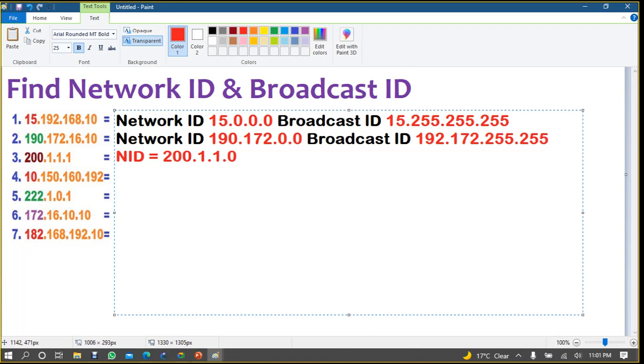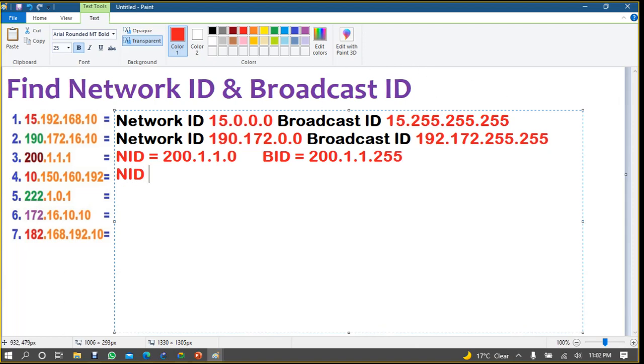And now talking about BID, broadcast ID. What will be the broadcast ID? 200.1.1. See, network will never change. The network part will be as it is. Only in the host part, for network ID the host part will be 0, and for the broadcast ID the host part will be 255. Very simple. Like this.